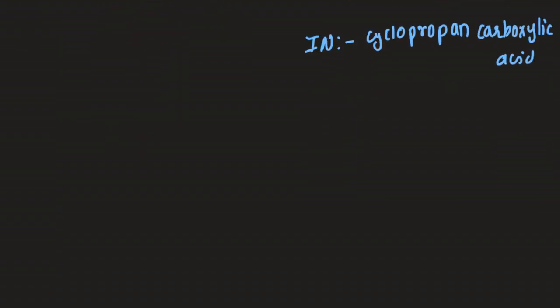Next, question number 13. Right. So if you see here, outside there are only 2 carbons, so there is no chance of having a parent carbon chain outside.